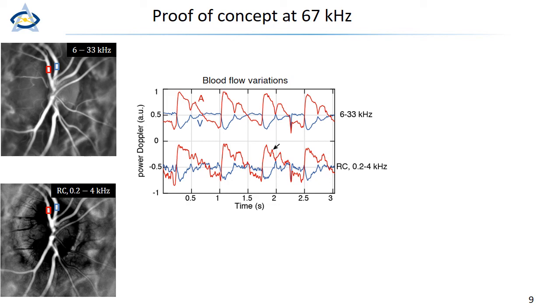In the artery and vein we've chosen exactly the same areas, and what's nice is that it's the same data that we choose to process in one way or the other, and we find variations that are very similar for both ranges of power Doppler.